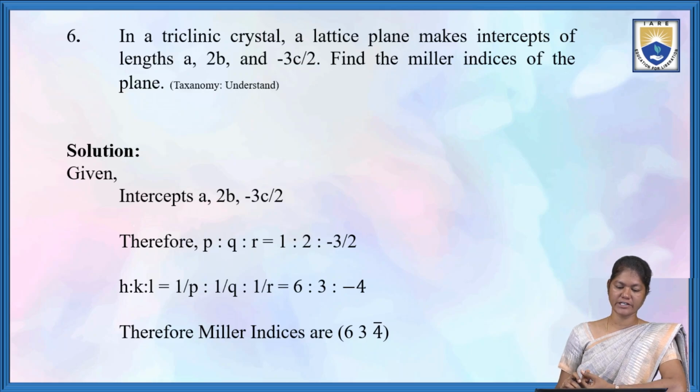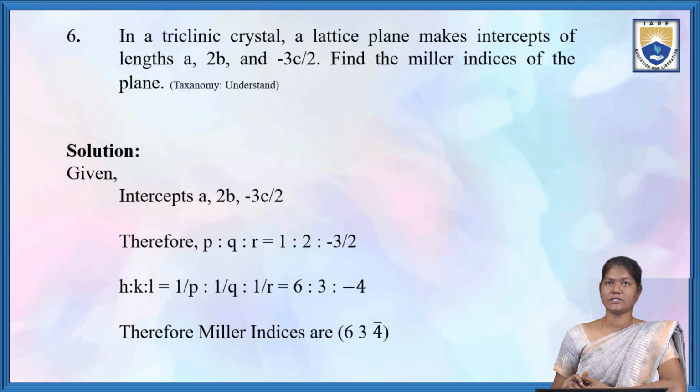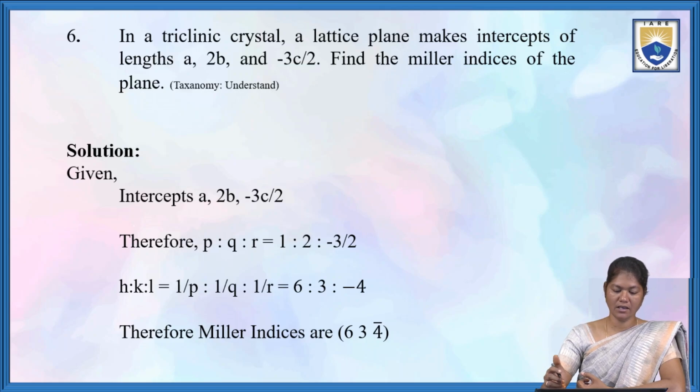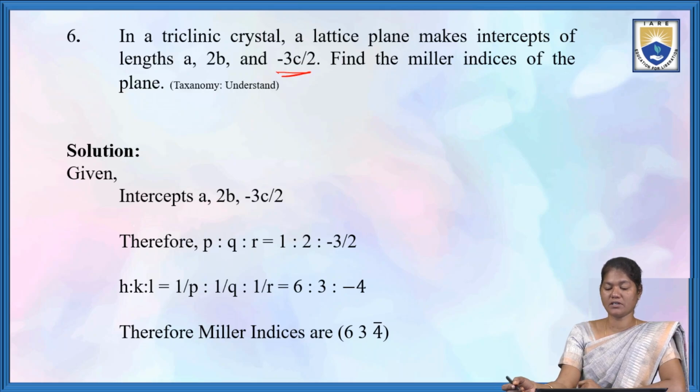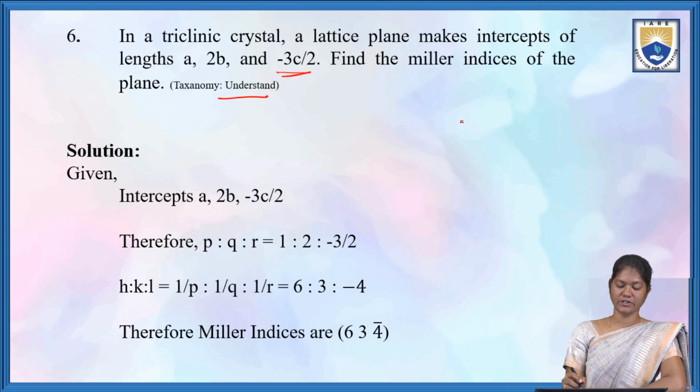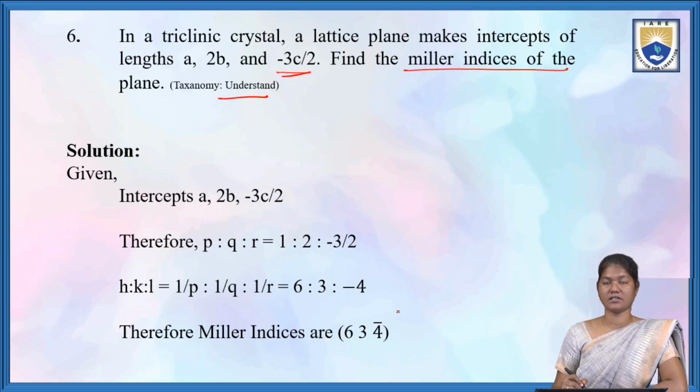Next, in a triclinic crystal, a lattice plane makes intercepts of lengths a, 2b and -3c/2. Find the Miller indices of the plane. This is understanding level. Here we have to find the Miller indices.